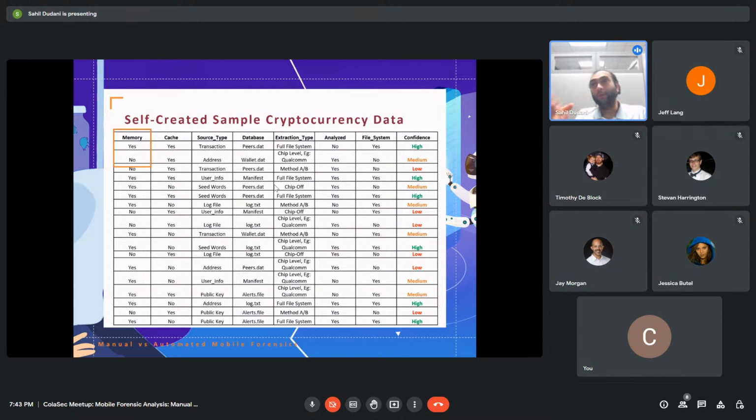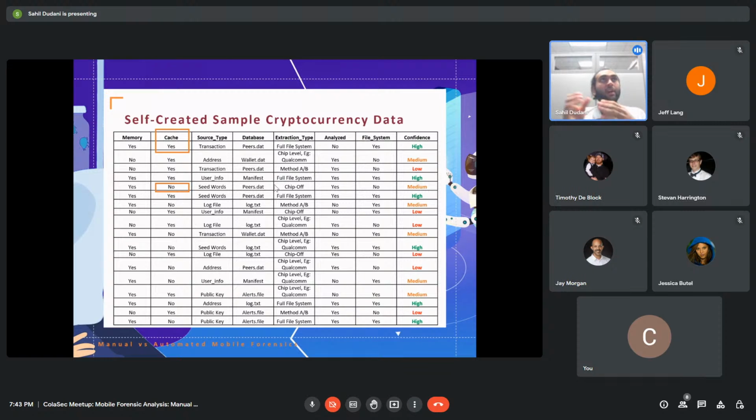Memory means the hard drive or the physical memory, whether the artifact exists in memory or not. Same thing for cache, whether the artifact existed in cache or not. When you extract and analyze certain evidence, you can check the sources.